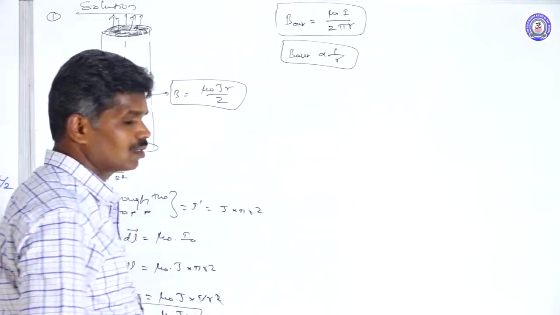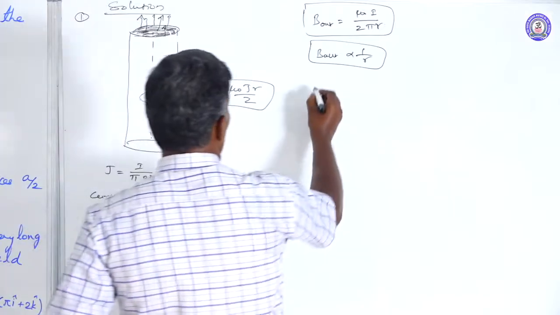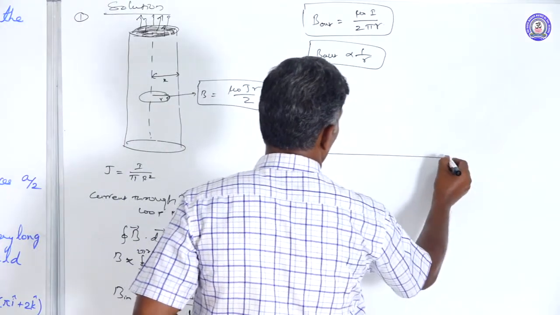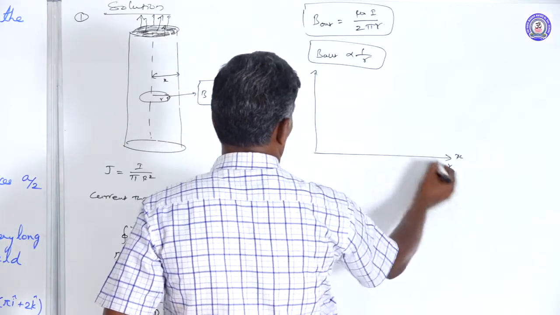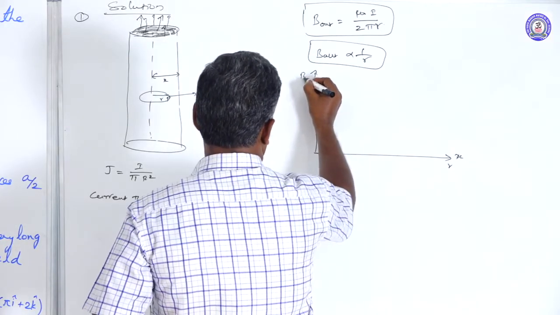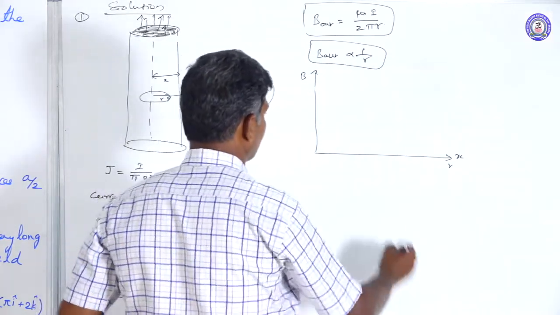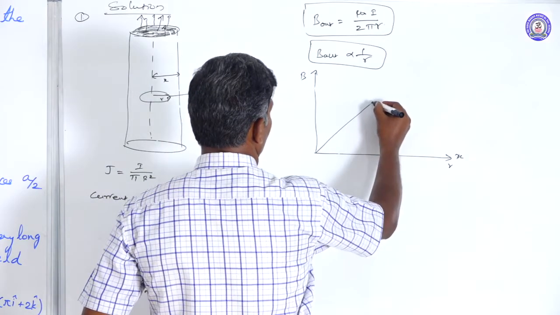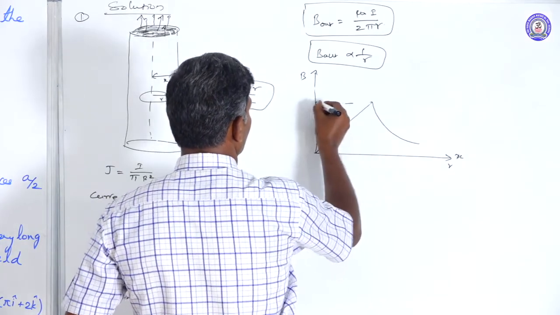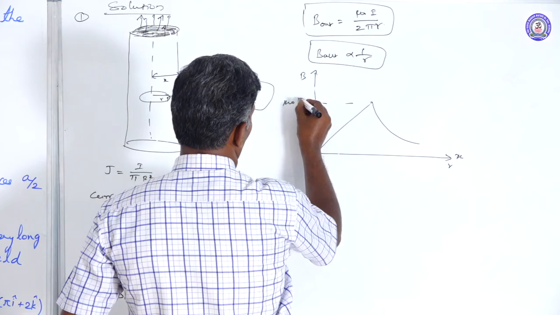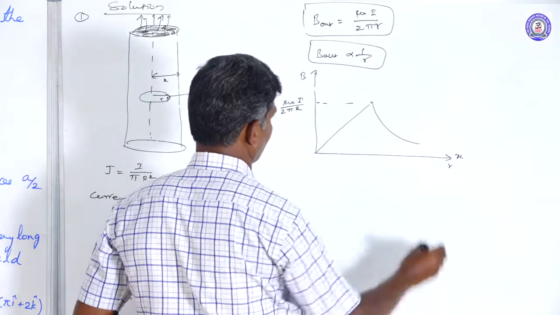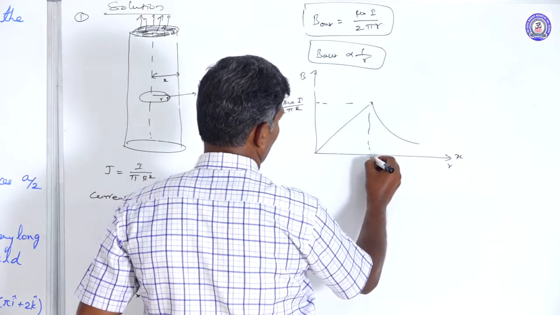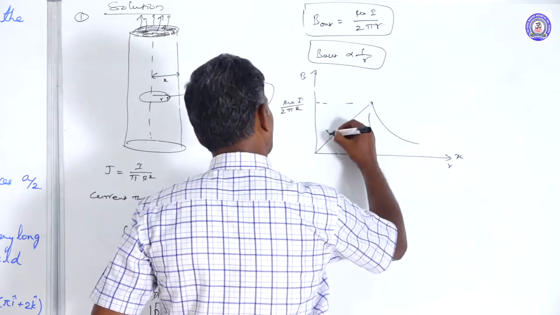If we show this in a graph, r is taken on the x-axis and magnetic induction on the y-axis. We get a graph like that. Mu naught I by 2 pi R is the maximum at this point r.